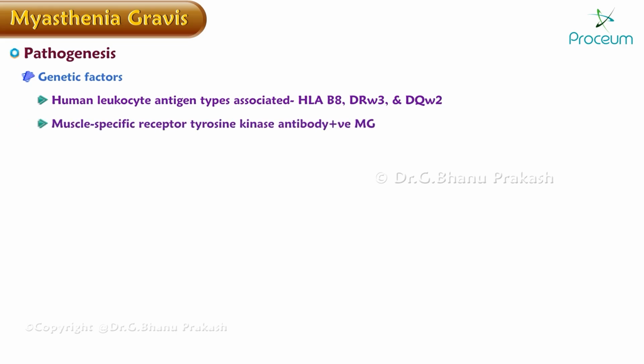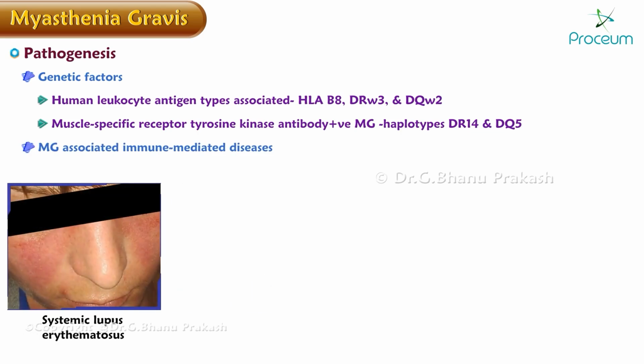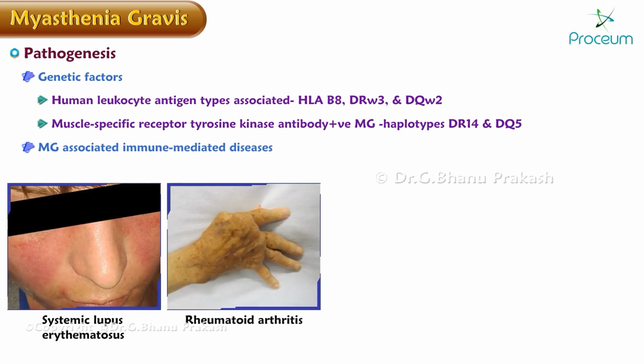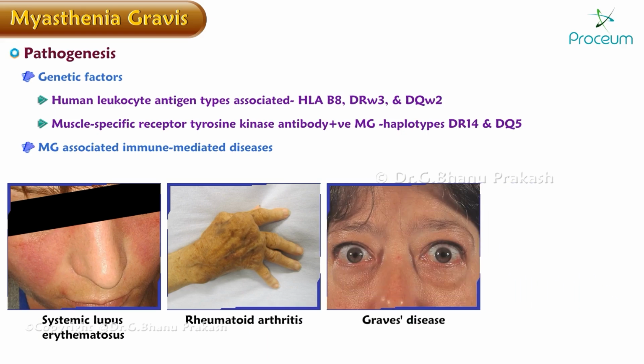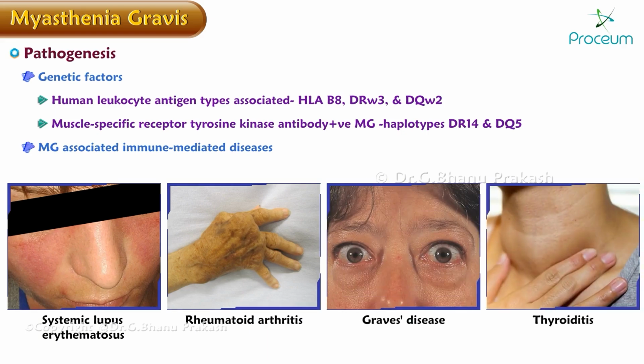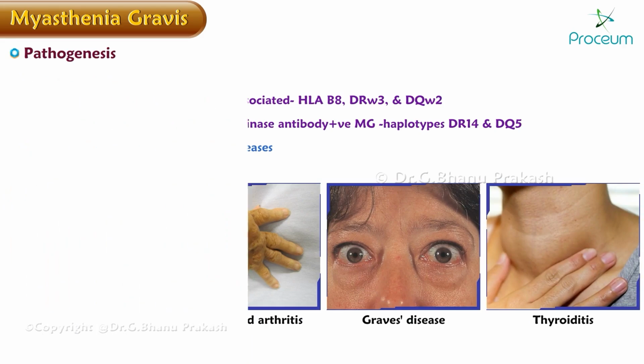Muscle-specific receptor tyrosine kinase antibody-positive myasthenia is associated with haplotypes DR14 and DQ5. In addition, patients with myasthenia frequently have other immune-mediated diseases, such as systemic lupus erythematosus, rheumatoid arthritis, Graves' disease, and thyroiditis, and a family history of autoimmune disorders.